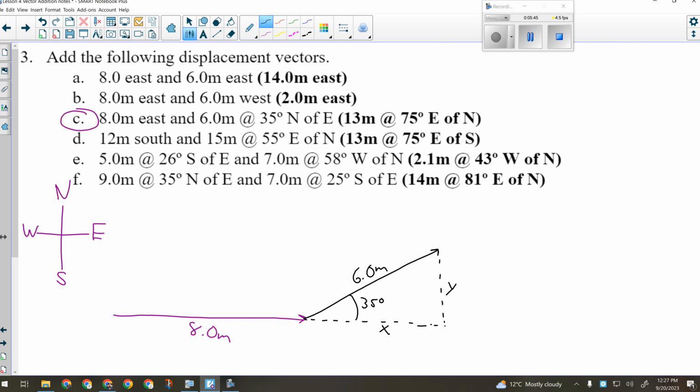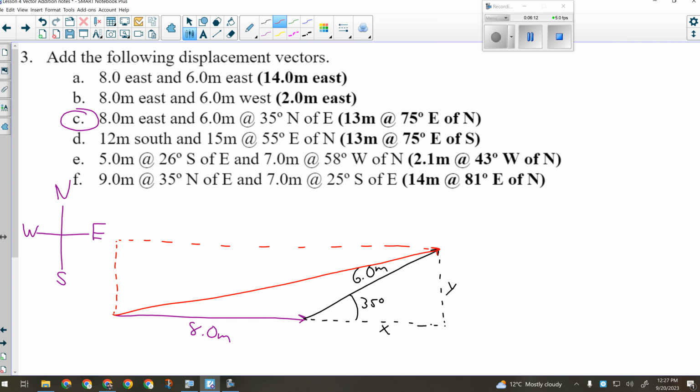Which means my resultant should go like so. I can draw my resultant one of two ways. I could draw it right over top of everything I just drew, which I find busy and kind of hard to look at. Or you could draw it up here, where your triangle is outside of your other drawings, and sometimes it's a little easier to look at.